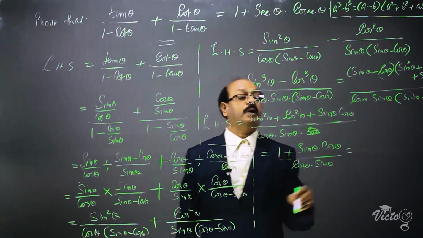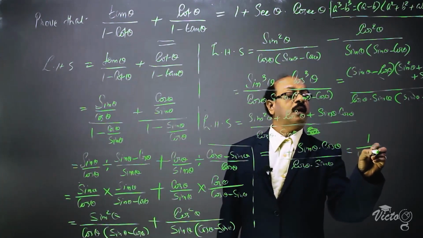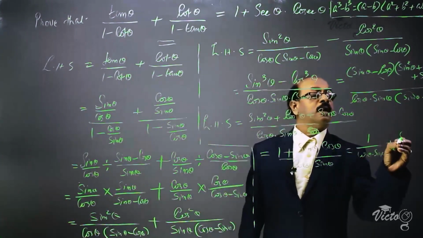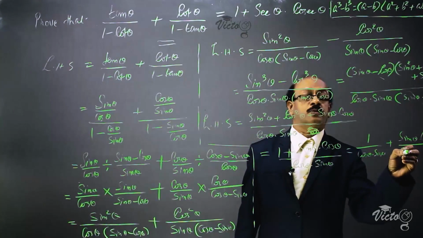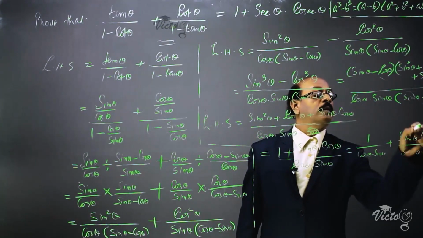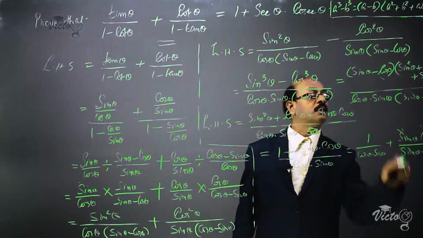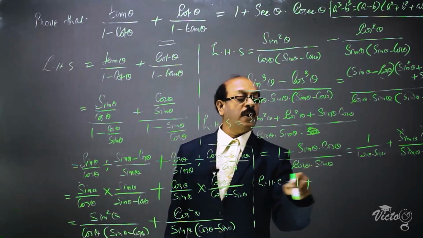That means this is equal to 1 by cos theta into sin theta plus sin theta cos theta divided by sin theta cos theta. Here cos theta is cancelled, sin theta is cancelled. The value is 1.